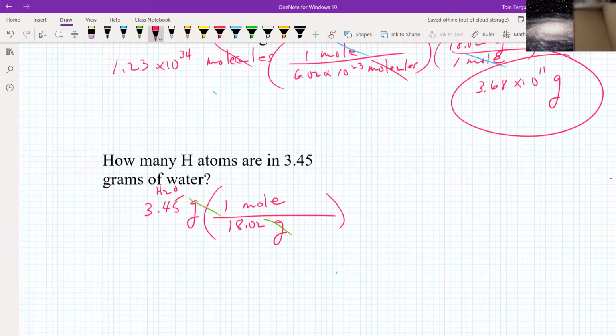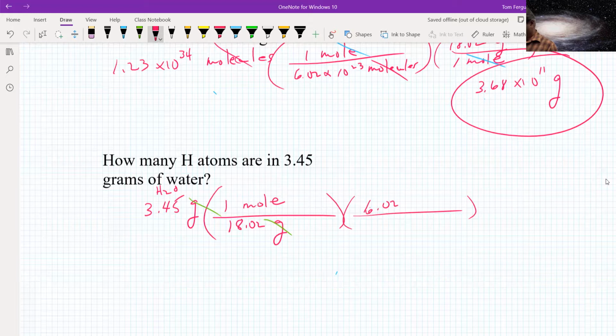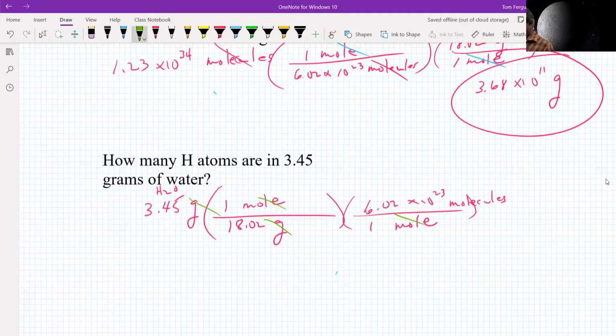Okay, so when we do a 6.02 number here, we're going to get the number of water molecules. Now we have water molecules. Now we want H atoms, which is another conversion.